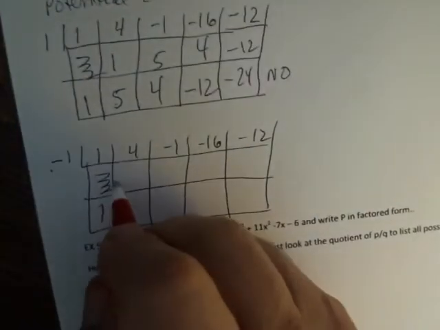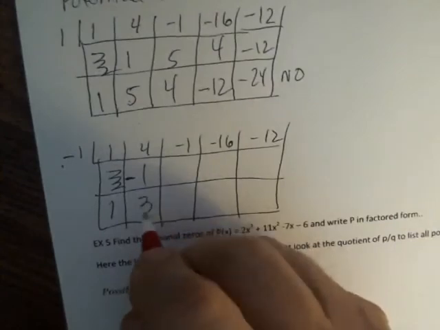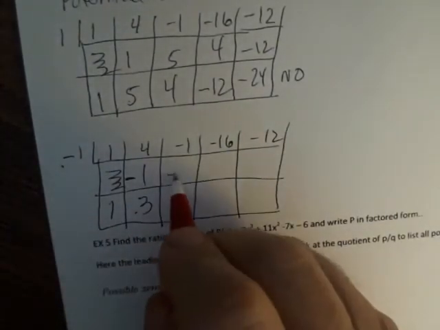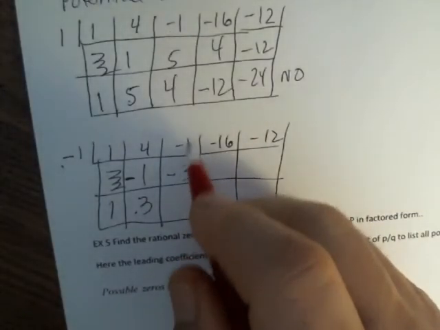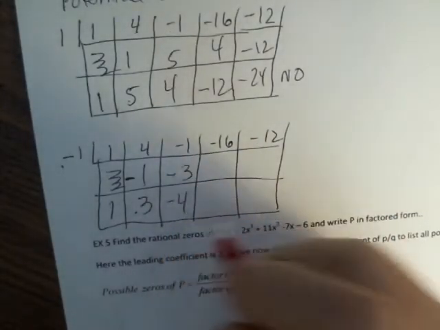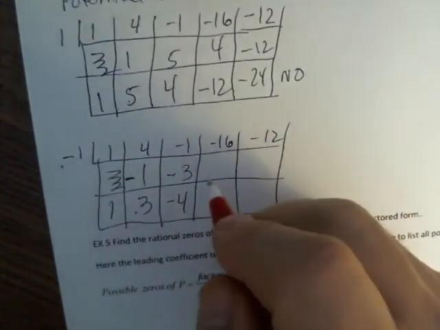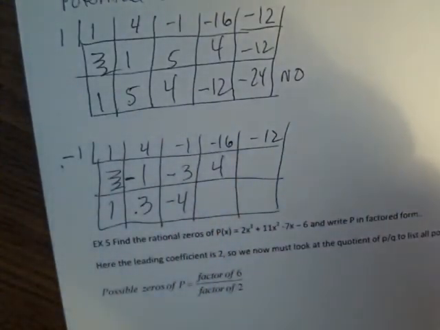All right, -1 times 1 is -1. 4 minus 1 is 3, so please watch your signs here. -1 times 3 is -3. Add these together, signs are the same. I get -4. Multiply again, -1 times -4 is +4.